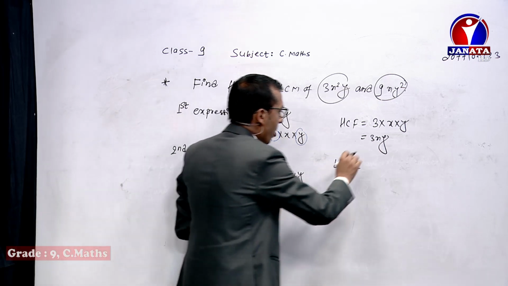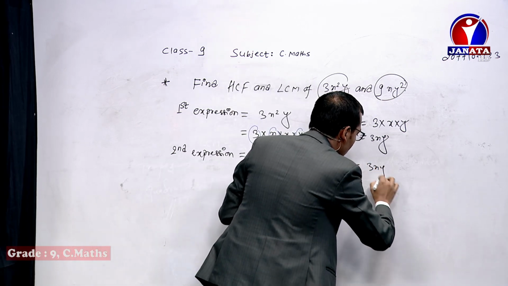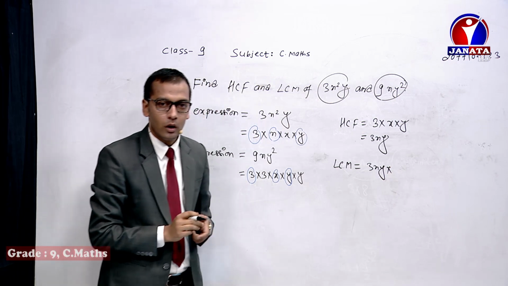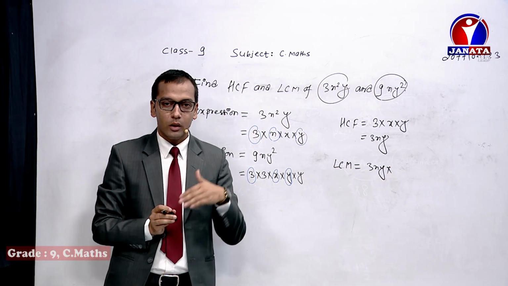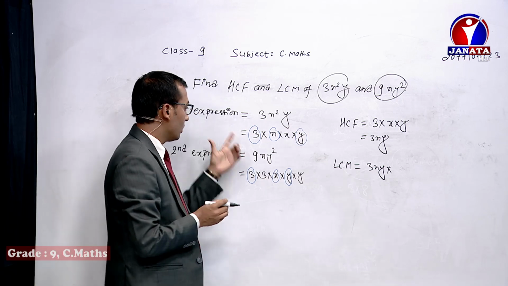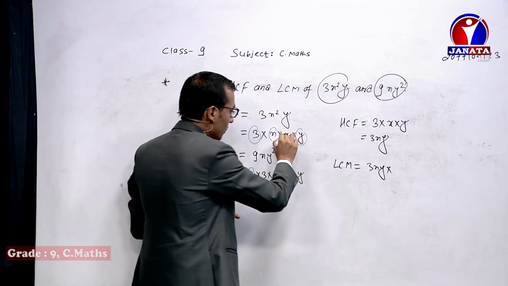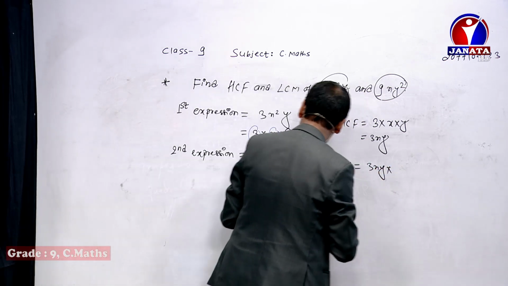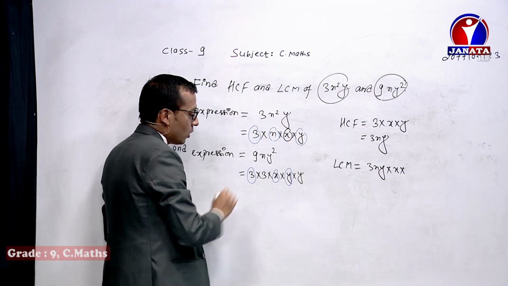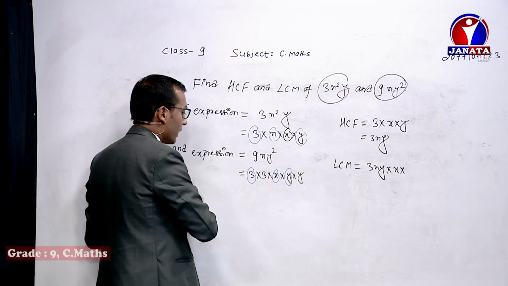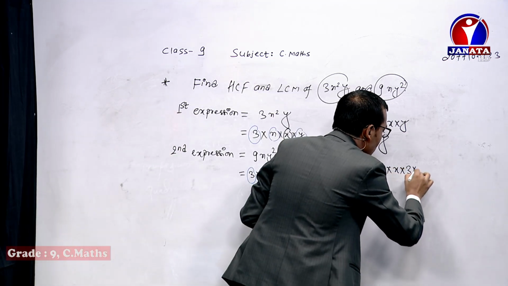Let me write here the common factors, the same 3xy, this is HCF, or common factor from first and second expression. Now which factor is left in first expression? It is the remaining factor, x times x multiply by what are the remaining factors in the second expression? 3 and y. So 3 times y.